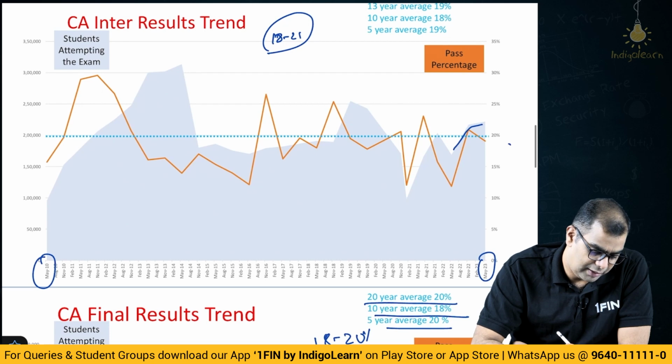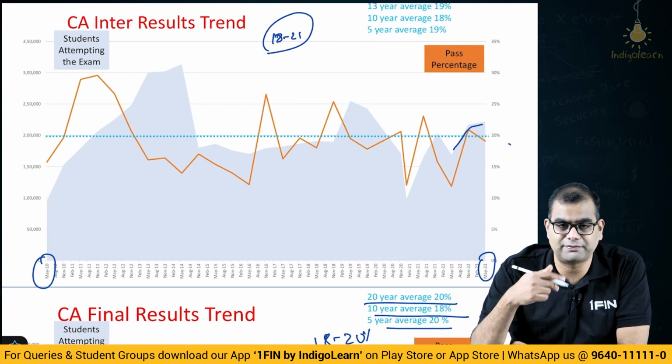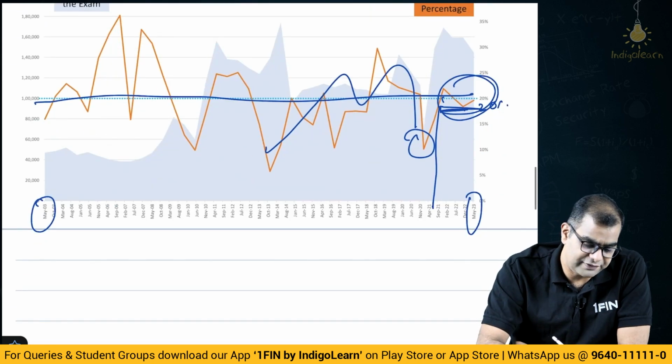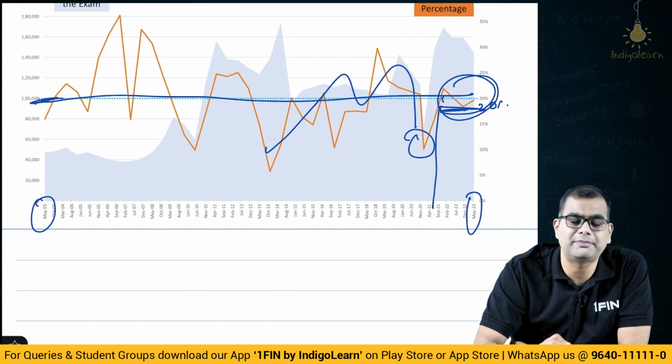Then, about 2 lakh people are writing. Every year 1 lakh are joining, but 2 lakh people are writing inter because a lot of them, 70% of them, fail, or there are direct entries and so on. In CA final, you hardly have 1 lakh people joining and 20% passing.